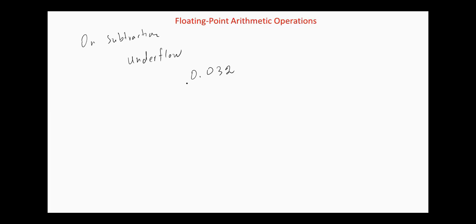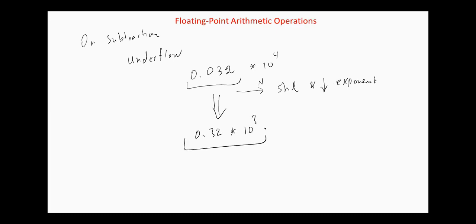In this case, to normalize the difference, we have to shift the mantissa to the left and decrement the exponent. Here, for example, 10 to the power 4, then after normalization, it will be 10 to the power 3. We may require doing that more than one time in order to have a non-zero digit in the most significant position.